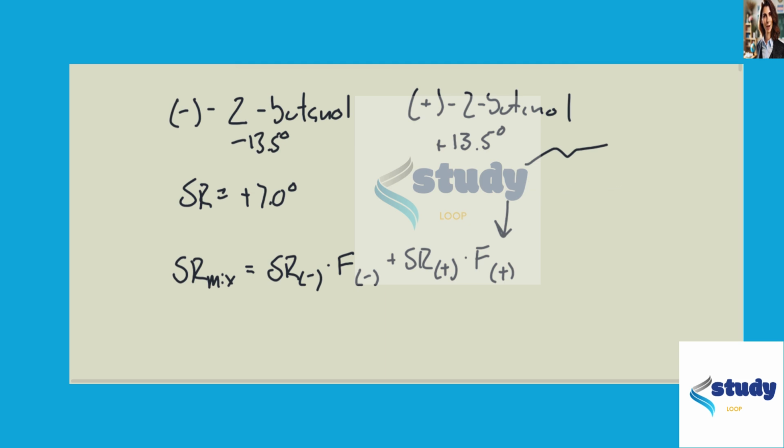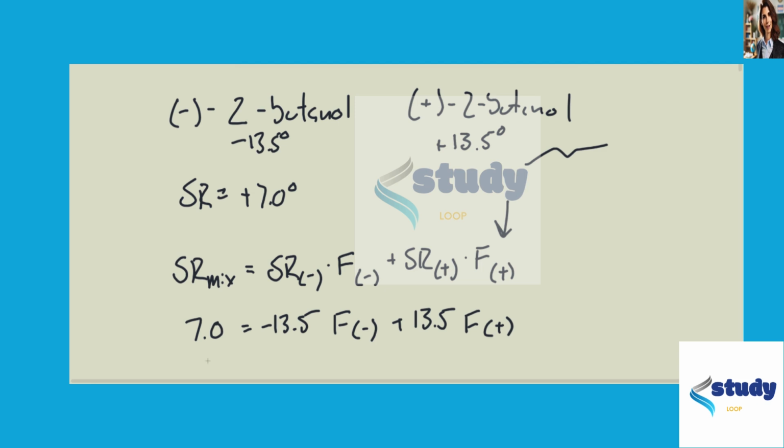Now, the issue we may have here is that we know this is 7.0, we know this is negative 13.5, this is F minus, plus positive 13.5 times F plus. Well, we've got two unknowns in this equation, F minus and F plus.